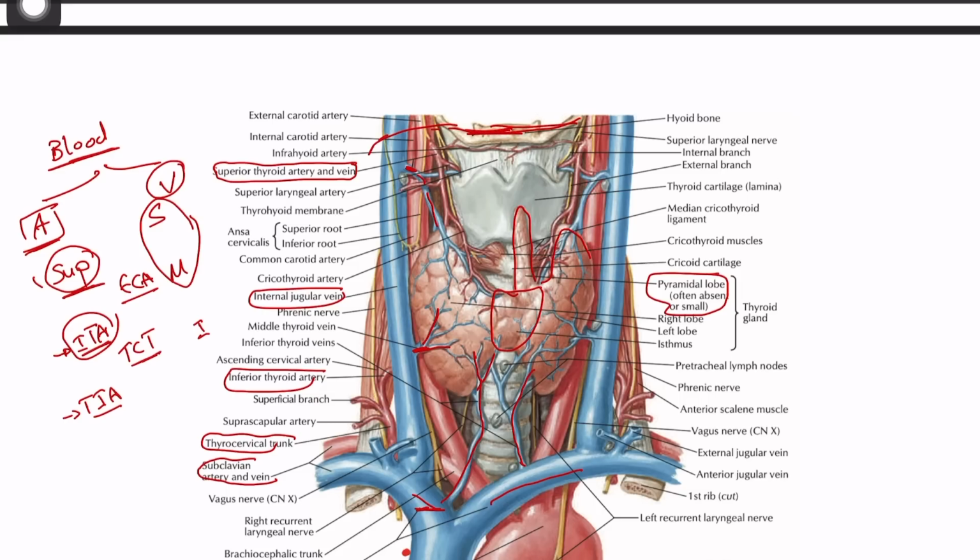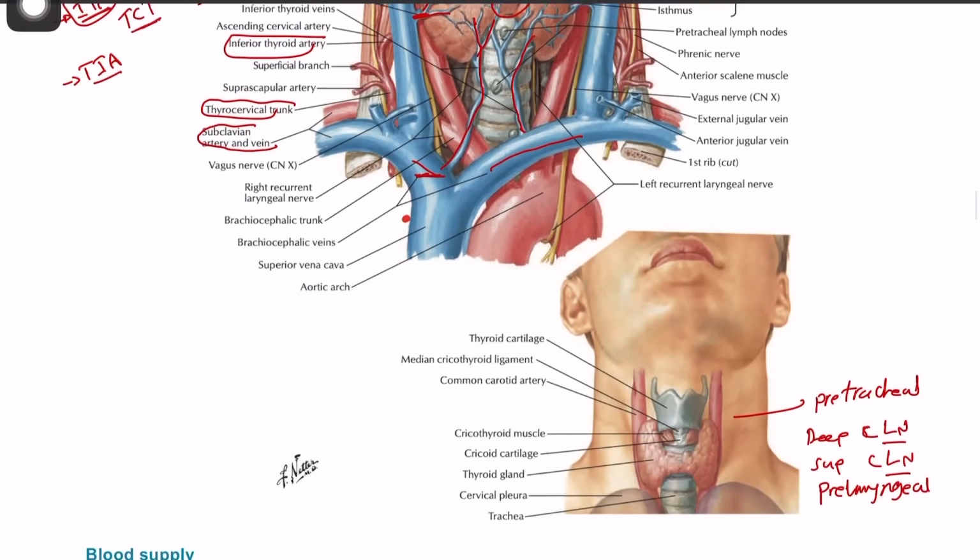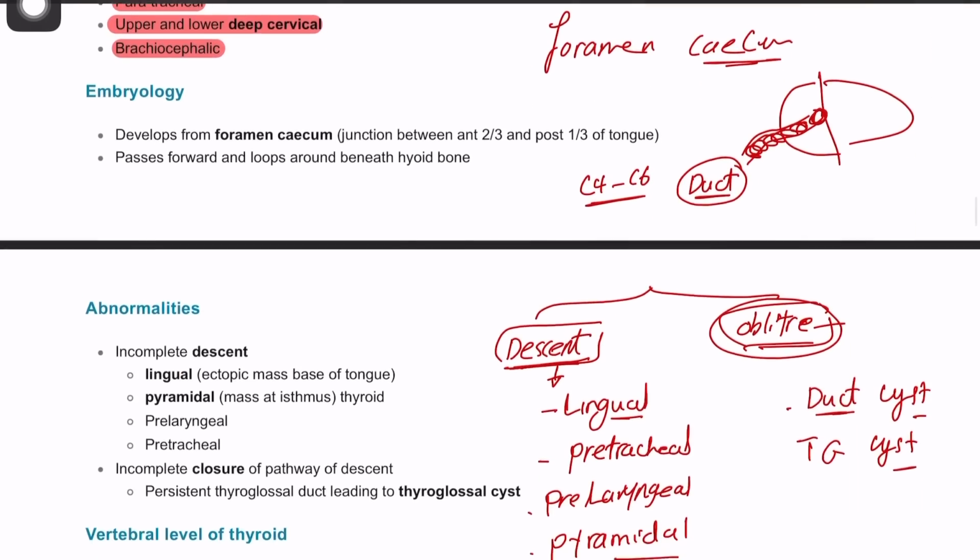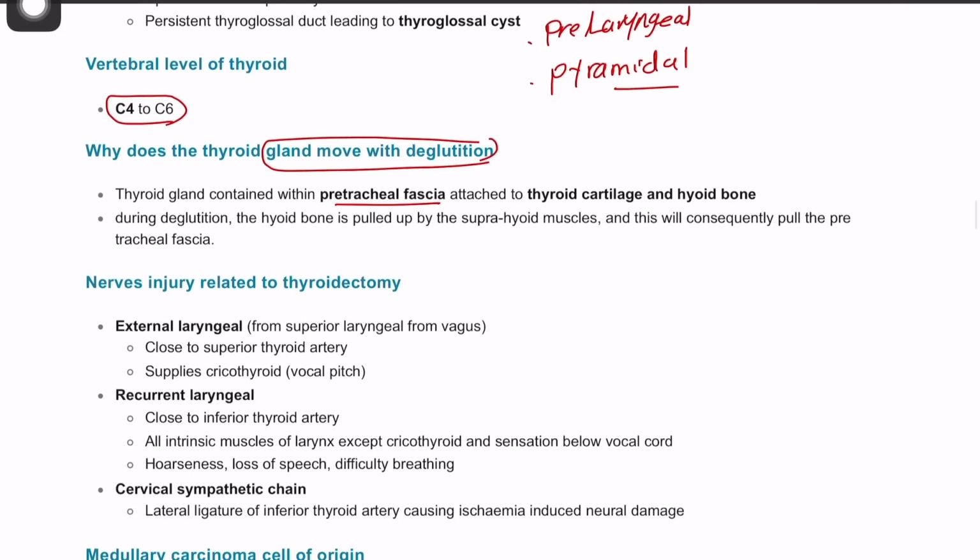The hyoid bone has loads of muscles that we mentioned earlier, the digastric, the mylohyoid, and on this side the strap muscles or the suprahyoid muscles. The pretracheal fascia is quite a tough structure containing all of those. So during deglutition, these muscles will contract, pulling up the hyoid bone, and that will consequently pull up the thyroid gland as well. That's why it moves with deglutition, because it's contained in the pretracheal fascia.